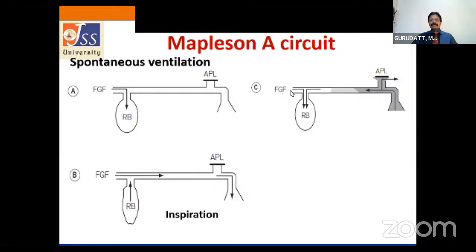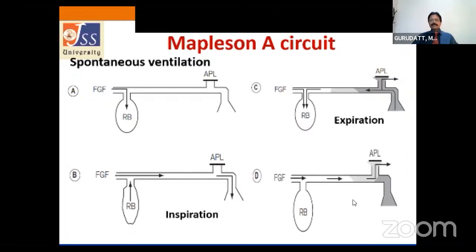So in the meantime, the reservoir bag starts getting filled with fresh gas flow. Once the reservoir bag is filled, sufficient pressure is created to open the expiratory valve. So whatever gas is close to the expiratory valve, that is the alveolar gas, will start moving out, and this continues during the expiratory pause, so that all the alveolar gases will move out.